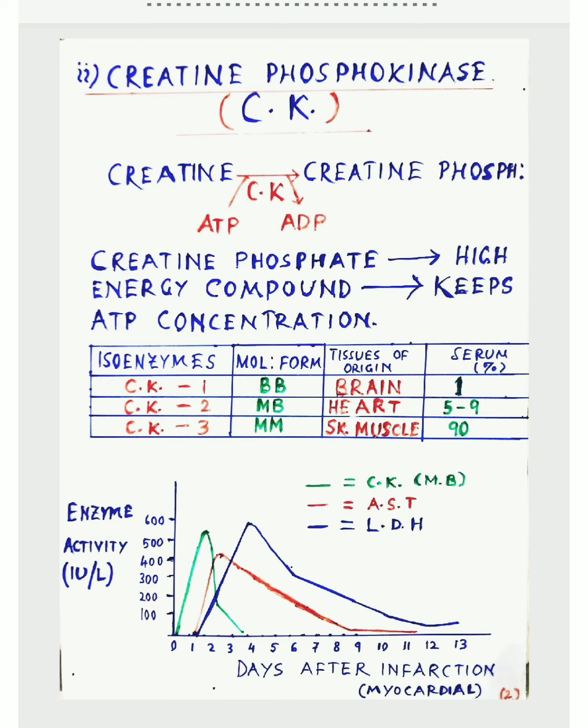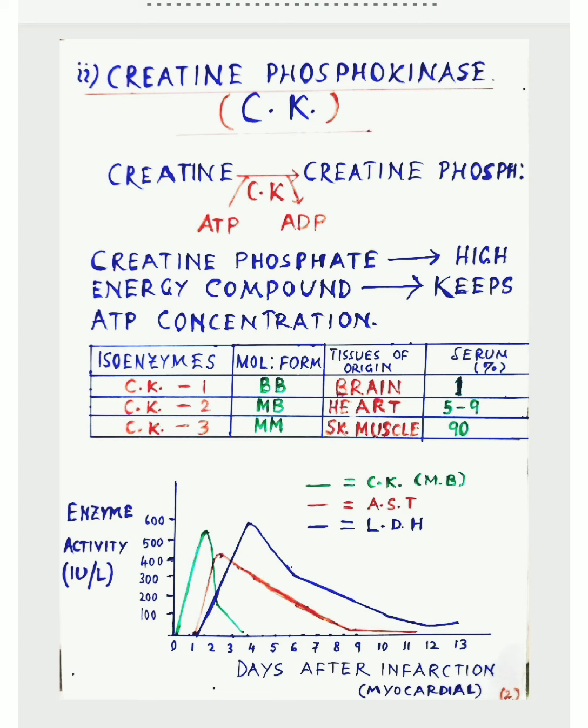CPK in muscle damage and disease: total CPK rises usually more than 500 international units per liter and may go up to 1,500 international units per liter. Rise is seen in crush injuries, fractures and muscular dystrophies. CPK in cerebral stroke: total CPK and CPK2 rise is seen in cerebral stroke.